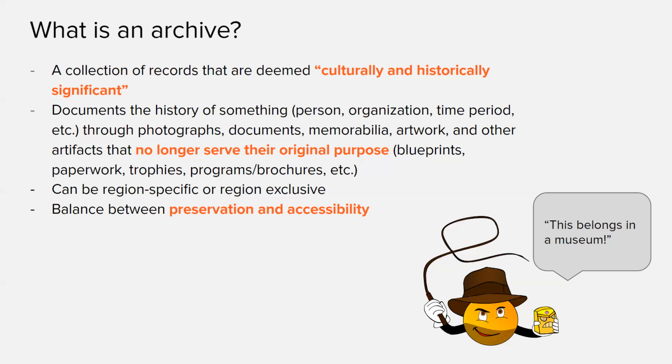While using the materials and allowing them to be accessible to users can potentially put the items in danger because they can get damaged or lost when being used by patrons. So the point of an archive is to allow that accessibility as much as possible, while also maintaining the integrity and preservation of the materials that are being used.